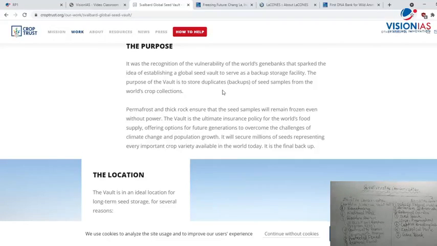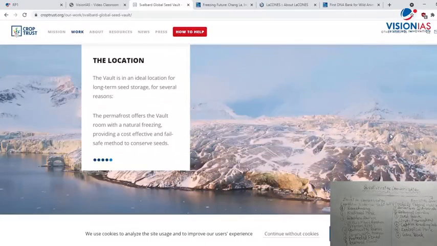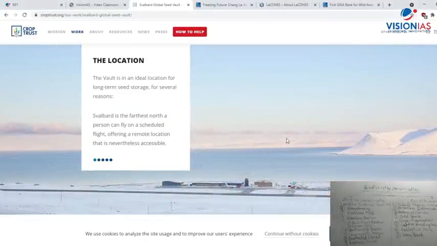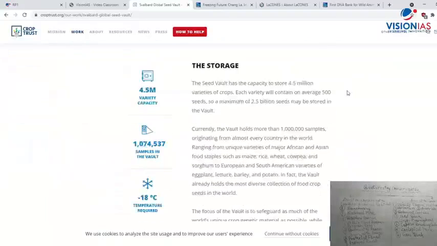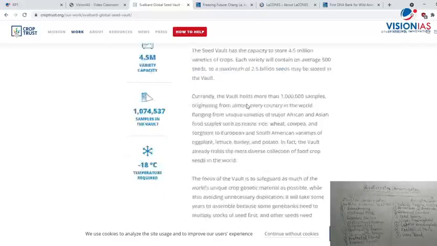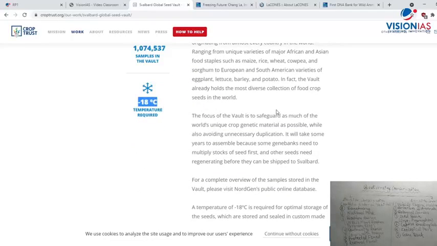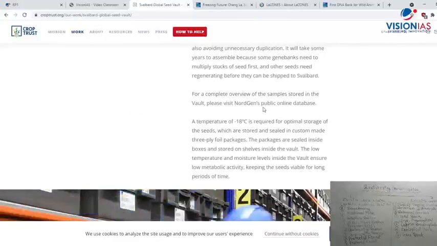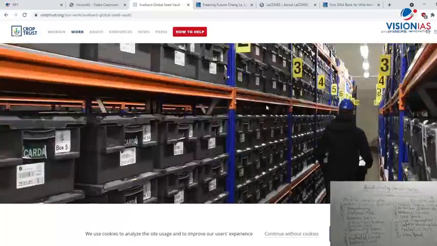The location is a mountain in Svalbard, which is permafrost, where naturally the temperature is less than 0 degrees centigrade. There is a capacity to store 4.5 million varieties of crops in this seed bank, and the temperature is minus 18 degrees Celsius. It is in the Arctic there.